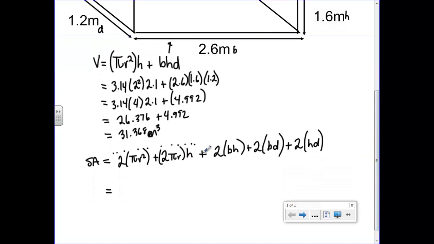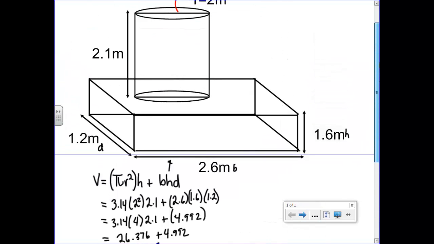Then I can plug in the numbers. But if I go back up to my diagram, remember that this whole tank is filled with water, so I'm missing this area here for both the rectangle and the cylinder. I'm missing 2 circles. This has to be a piece of glass, and this has to be a piece of glass on the cylinder.